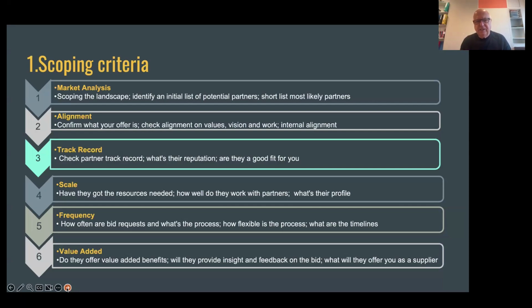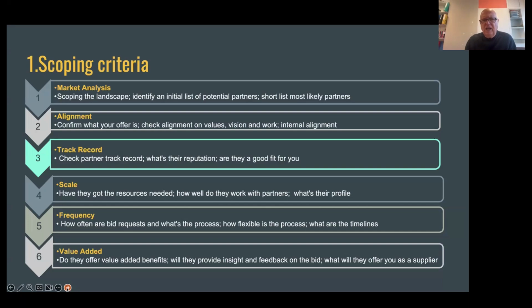The next thing to check is that if you want to put a proposal in, and you want them to work on issues to do with library capacity development, training of librarians, civil society work, the first thing is, have they got the resources to support you? It's no good putting in an application for 500,000 if the grantee you're approaching only gives out grants of 20,000. So first thing to do is check, do they have the resources?